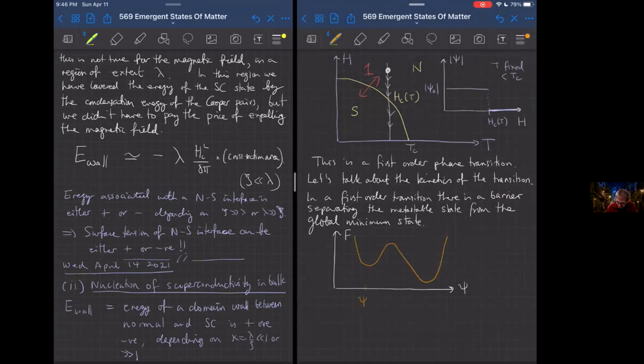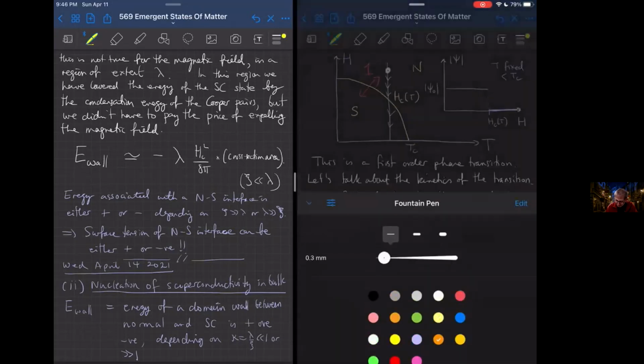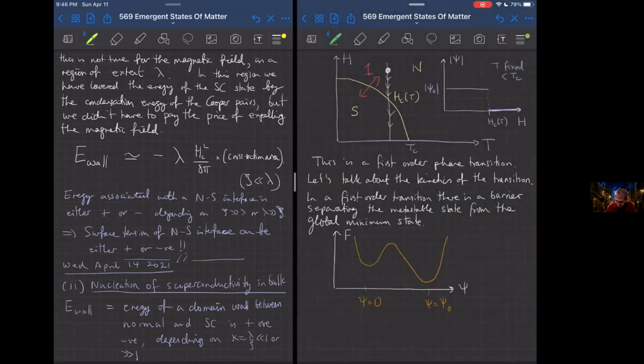So let's say this is psi equals 0, this is psi is psi naught, and so this is where you've started off your system, and there's some free energy barrier, let's call it delta E, between these states.